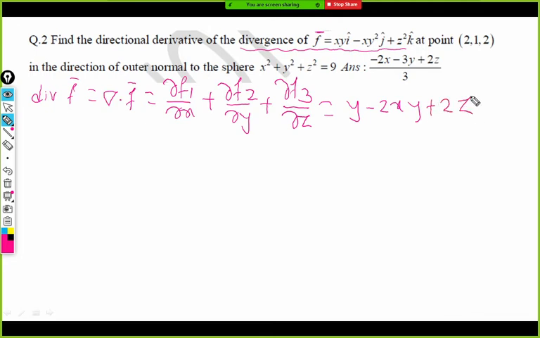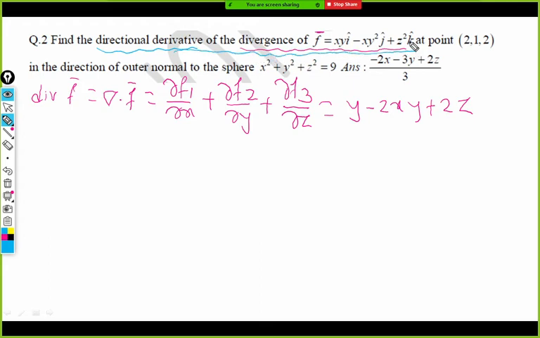Now tell me the second step. Can you read the question and decide what we should calculate now? Step 1, we calculated the divergence of f bar. Step 2, we should compute, from the question it is clear, the directional derivative of the divergence of f bar.